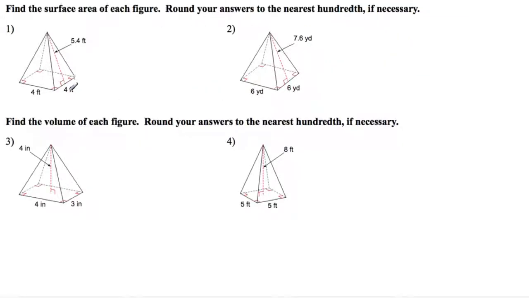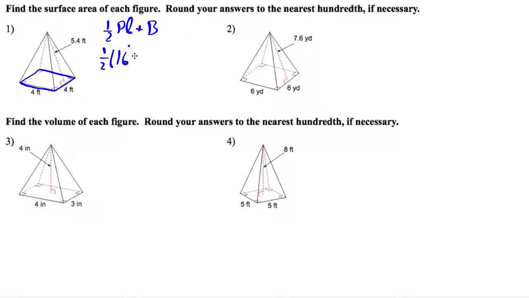So I want to find the surface area here. So I know that the surface area is going to be 1/2 perimeter of the base times the slant height plus the area of the base. So this is 1/2 perimeter is 4 plus 4 plus 4 plus 4.